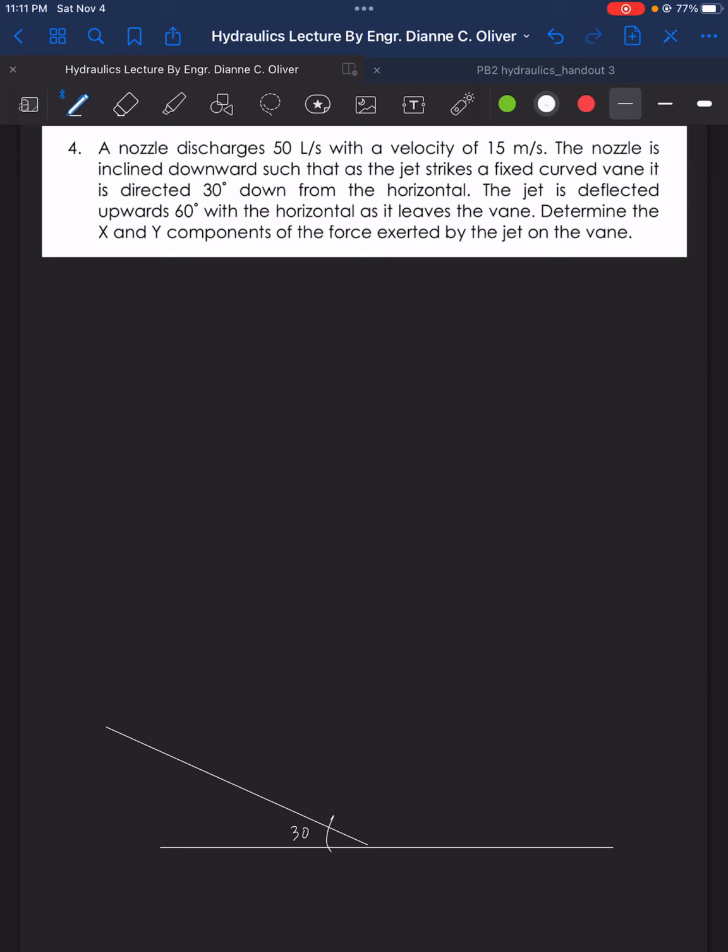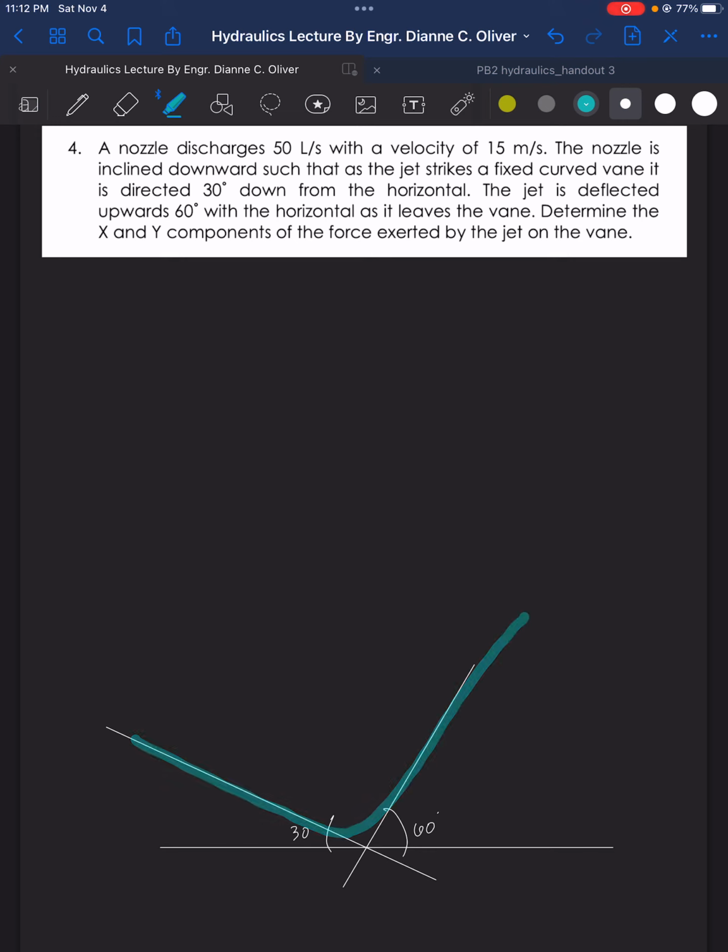So meaning that as it enters 30 degrees, it leaves 60 degrees. So it's deflected in such a way that it is 60 degrees with the horizontal. So this is our 60 degrees. So that means water enters 30, leaves 60.